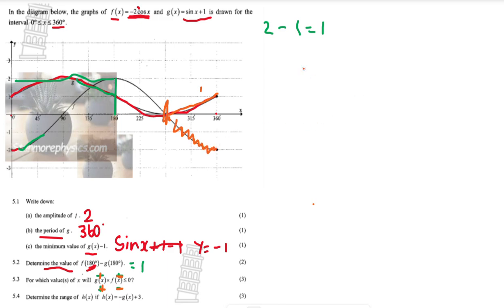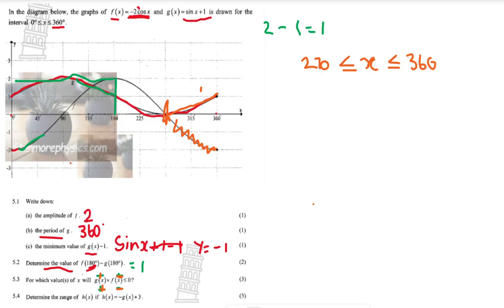So this one is from the interval 270 less than or equal to x, less than or equal to 360. That's our first.